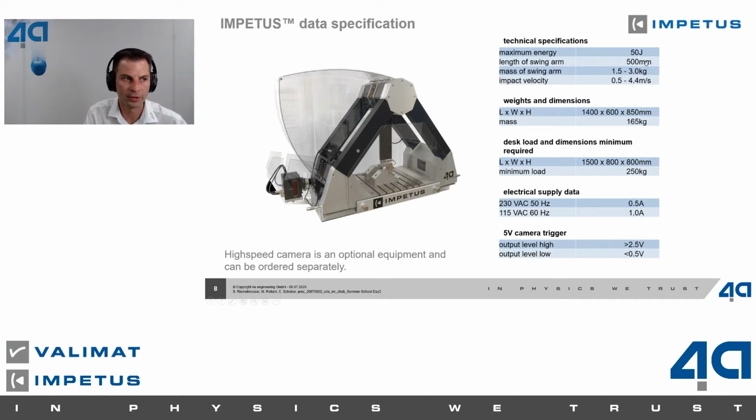Some shortened information is the upper right information, where we have the main information of the maximum energy we can achieve with our test system in the hardware. So we have the impact velocity in the range of 0.5 up to 4.4 meters per second, and can also mount additional mass to get to the high energy of 50 joule in the range of 1.5 up to 3 kilograms.